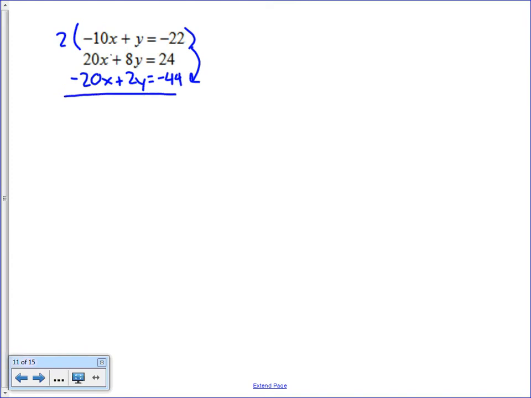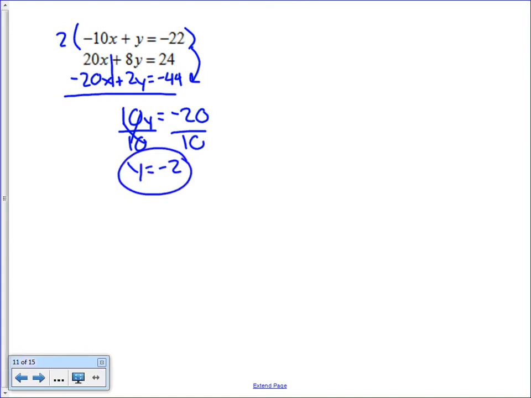So adding that together, the x terms will zero out. I got 8y plus 2y, that'll give me a 10y. And that's going to equal a negative 20. And then dividing by 10 on both, I get y equals negative 2. So I got to plug that into one of the equations and get the x value. So let's actually use, and kind of ignore the parentheses here, this one right here looks pretty easy to use.